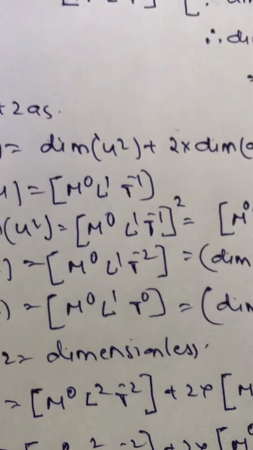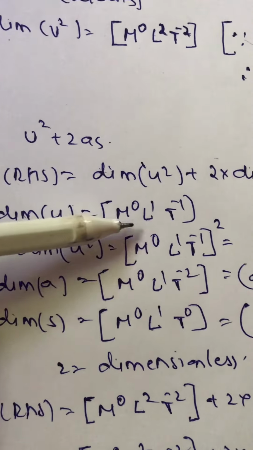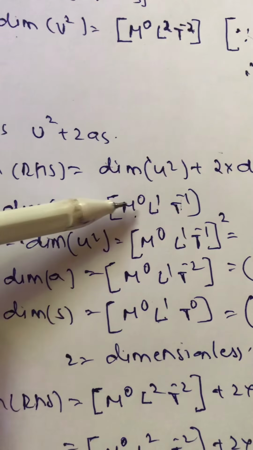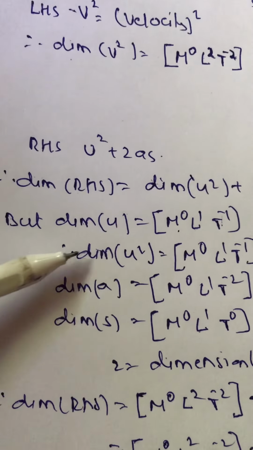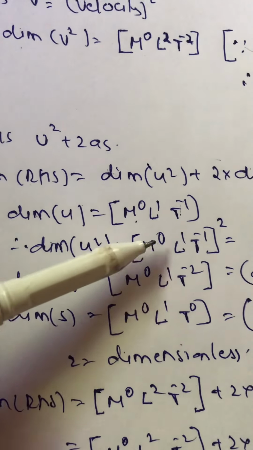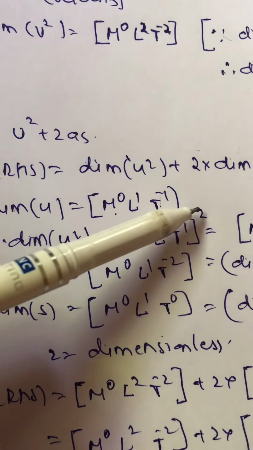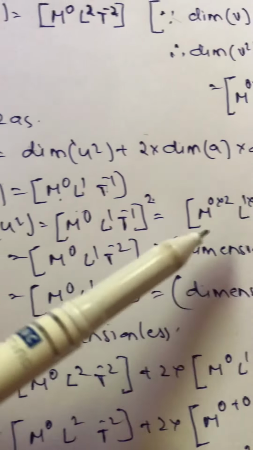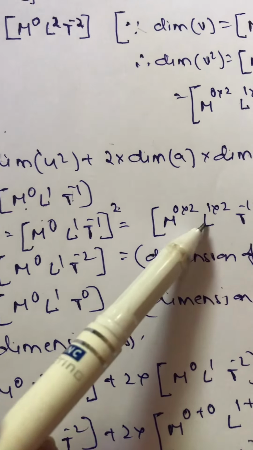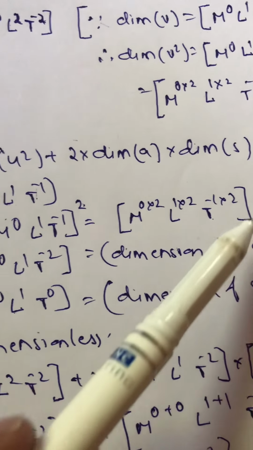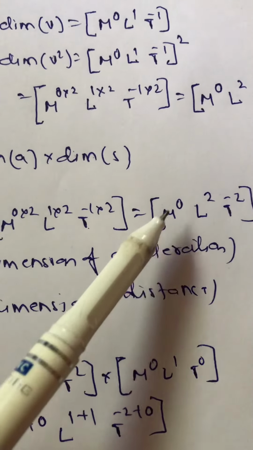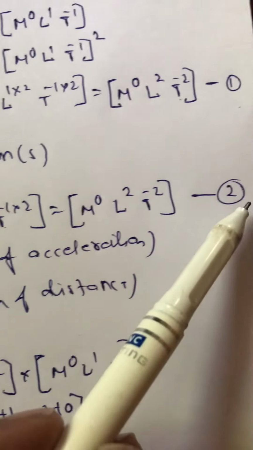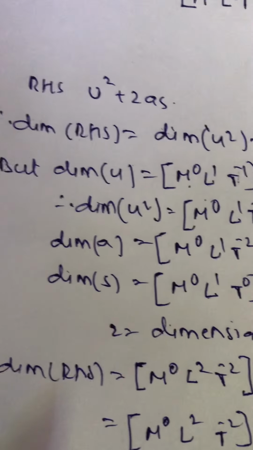Dimension of u will be M^0 L^1 T^-1, same dimension of velocity. Therefore dimension of u square will be [M^0 L^1 T^-1] square. You again multiply this 2 to these indices: M^0 into 2, L^1 into 2 and T^-1 into 2. And what you get is M^0 L^2 T^-2. Name this equation number 2.